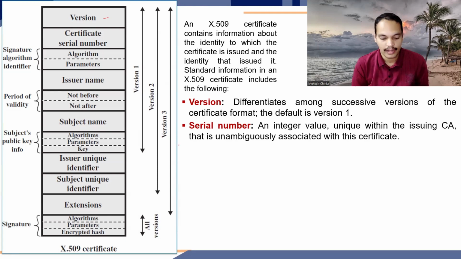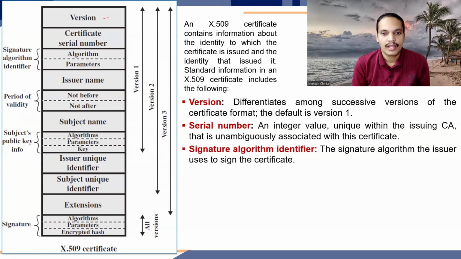Now the next field in the X.509 is the signature algorithm identifier. You can see here, there are two parts. What is the algorithm and what are the parameters that are associated to be used with this algorithm? This is the signature algorithm the issuer uses to sign the certificate. You know that there is a signature that is attached to the certificate, isn't it?